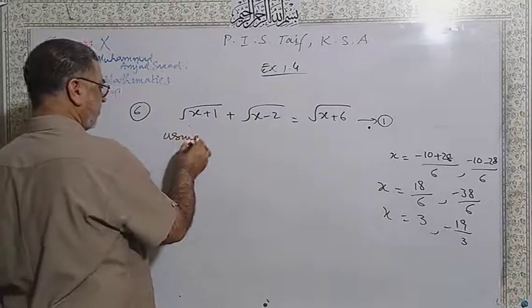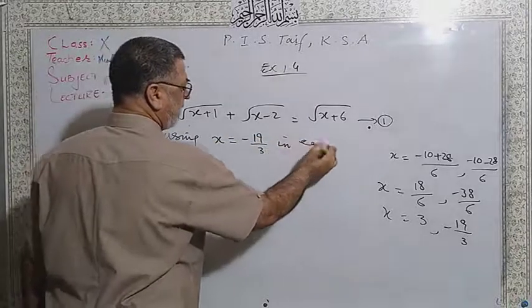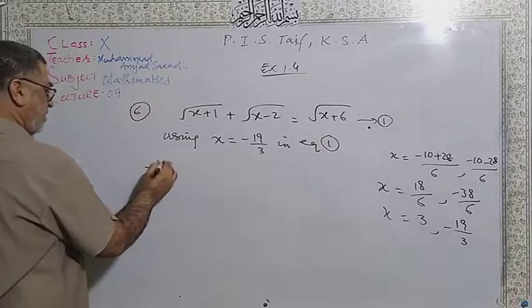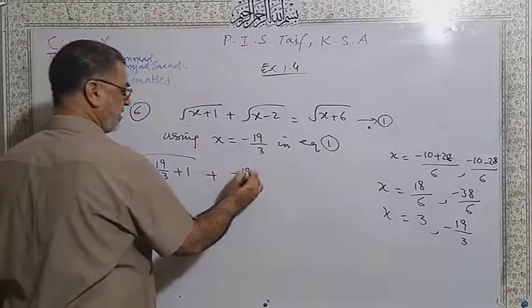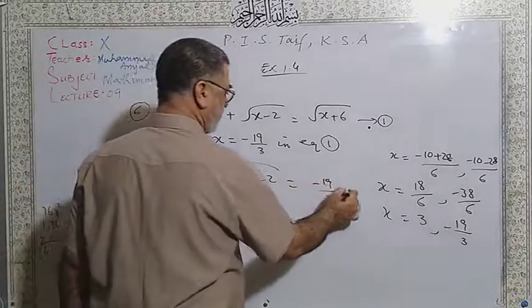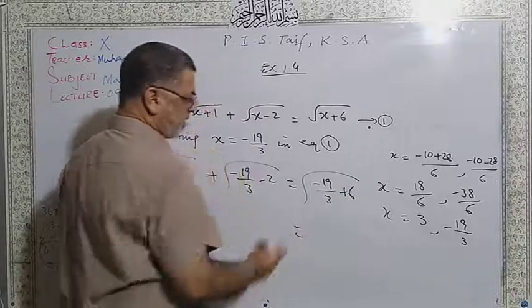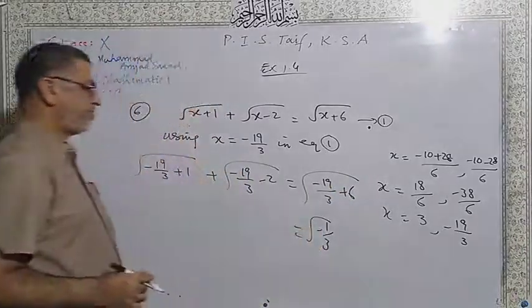Using x is equal to minus 19 over 3 in equation number 1: minus 19 over 3 plus 1 under root, minus 19 over 3 minus 2 under root, minus 19 over 3 plus 6. 3 sixes are 18 and this is minus 1 over 3 under root.